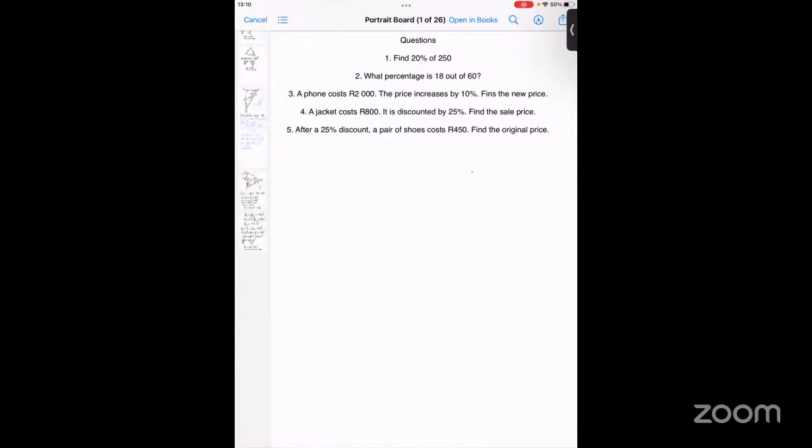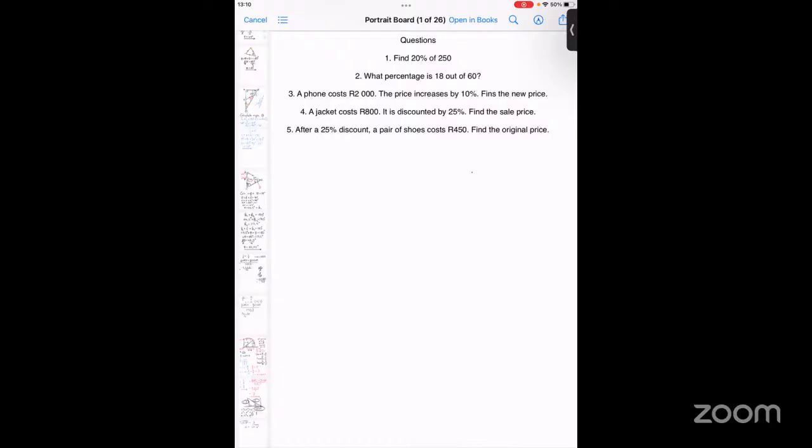So now I'm going to take you through calculations related to a percentage. Without wasting much of our precious time, let's get started with this type of calculation.